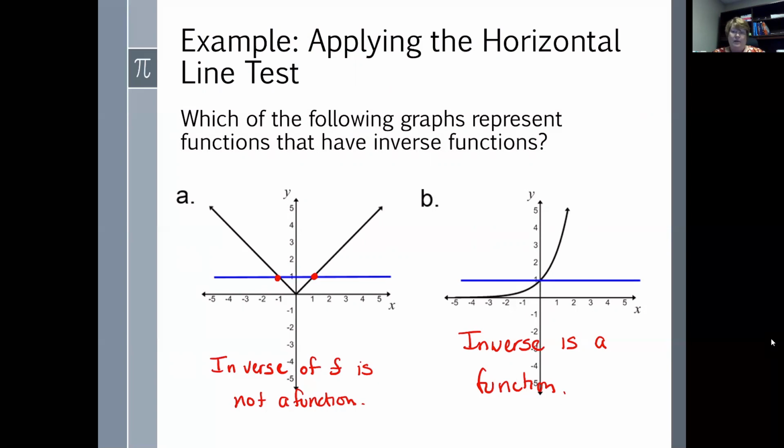It's the absolute value function. However, its inverse is not a function because it fails the horizontal line test. The second graph, graph B, is a function. It passes the vertical line test. Its inverse is also a function because it passes the horizontal line test.